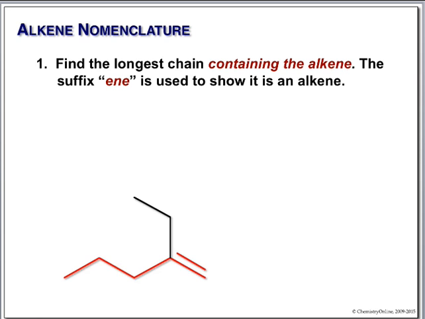Now the suffix we're going to use for an alkene is going to be -ene, just like we used -ane for alkanes. So here in our parent chain we have 1, 2, 3, 4, 5. It's going to be a pent, right? And we're going to call it a pentene.